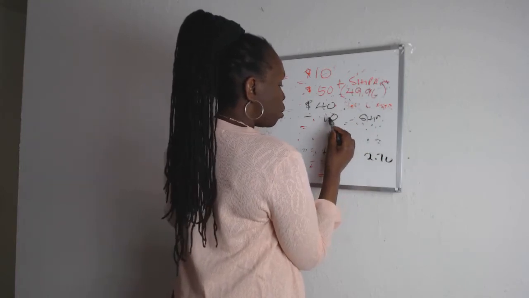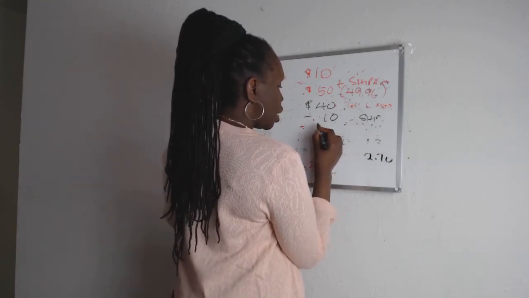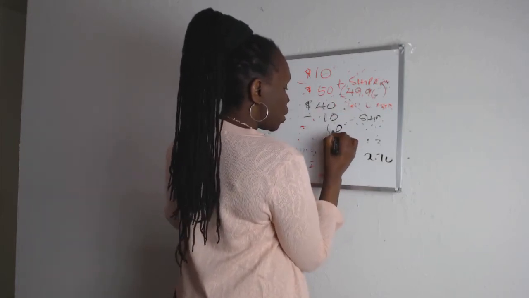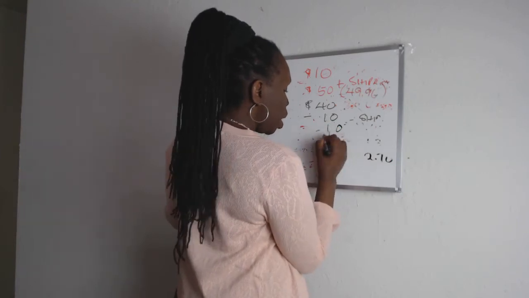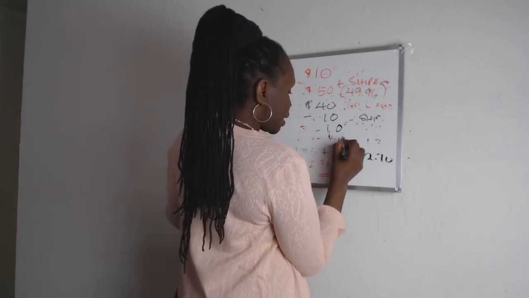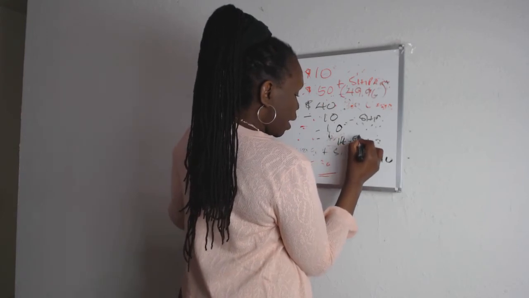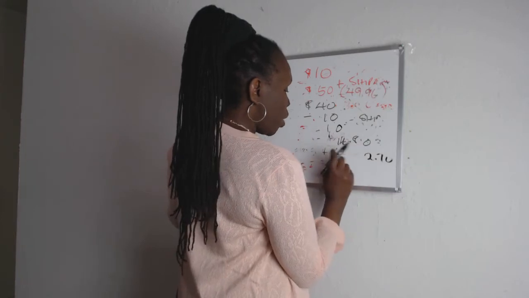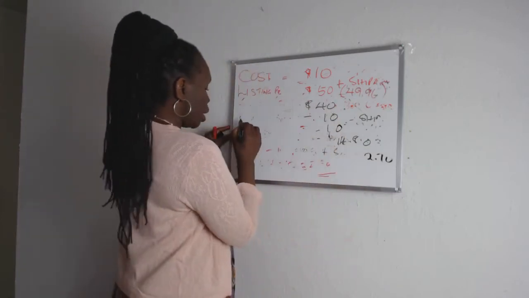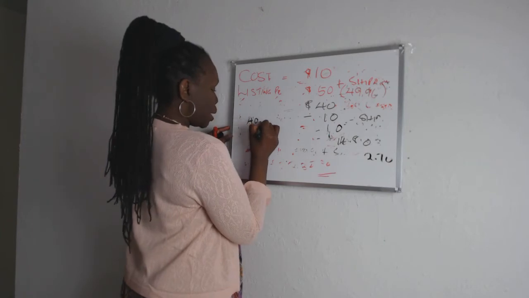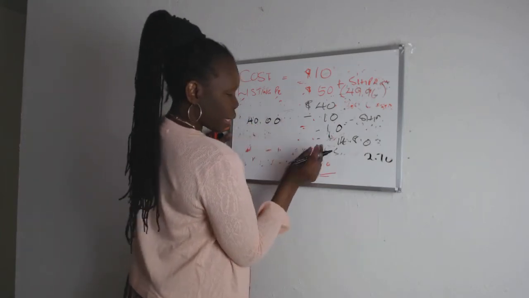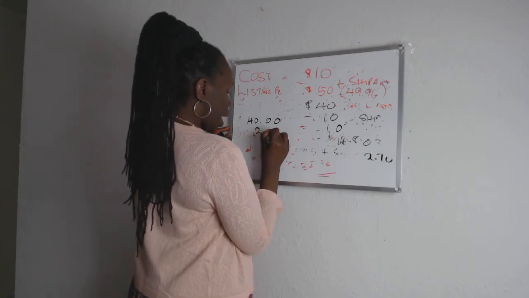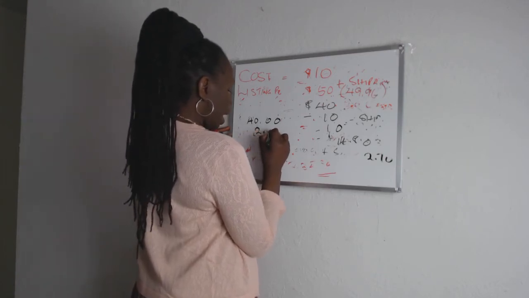So you subtract the $10 for the shipping label, you subtract the $10 for the cost of goods, and you subtract the $4.80 final value fees. So that's $24.80 that is going to come out of $40. You say $40 subtract $24.80.